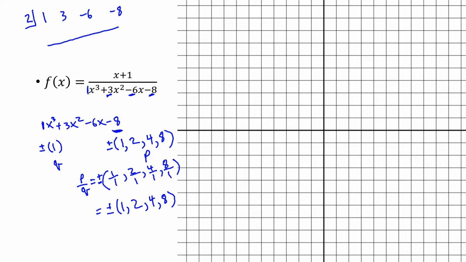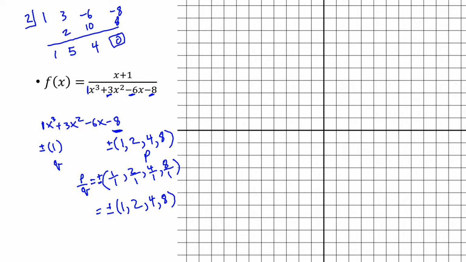We can drop the 1. 2 times 1 is 2. Add 2 plus 3, that's 5. Multiply 5 times 2, that's 10. Add 10 and negative 6, that's 4. Multiply 2 and 4, that's 8. Add 8 and negative 8, we get 0. So looks like our remainder is 0.